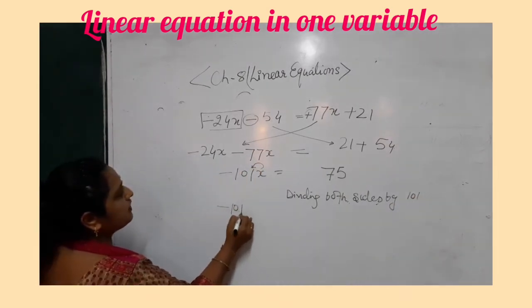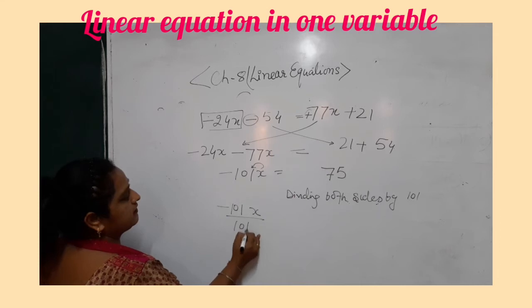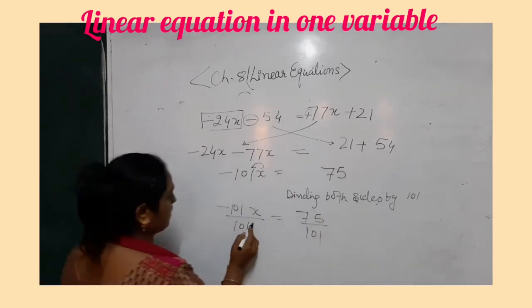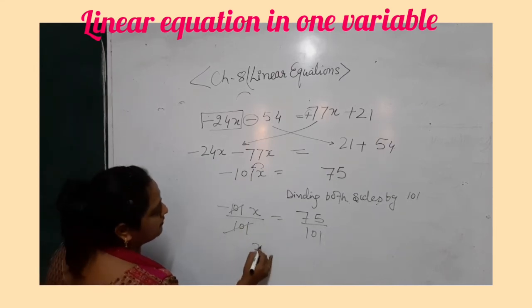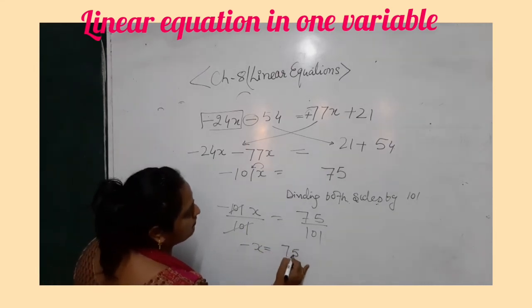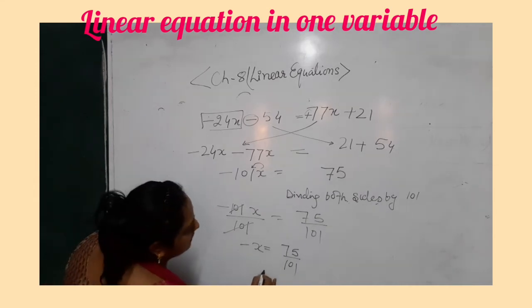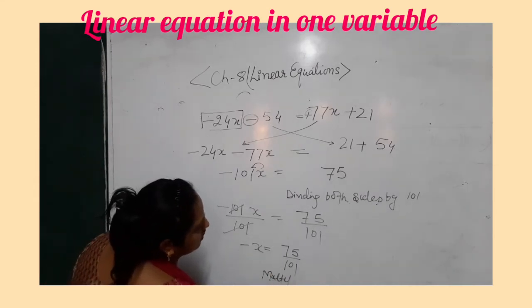What will we get from here after dividing? 75 divided by 101. This will cancel out, and minus x is equal to 75 divided by 101, after multiplying both sides by minus 1.